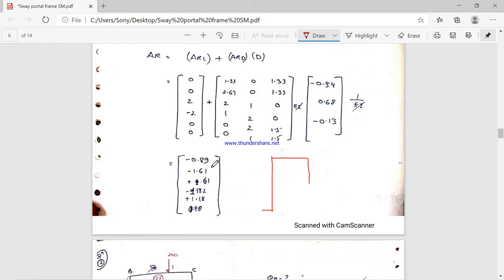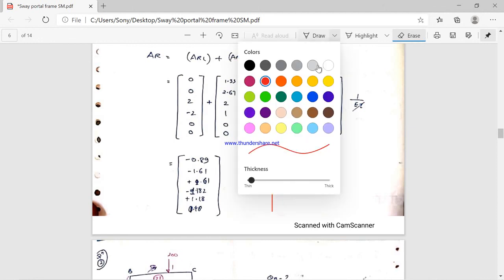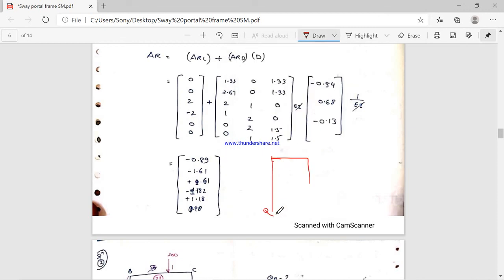Then this is also anti-clockwise, so it will also be like this. So the first diagram is going anti-clockwise, 0.89, and this is also going anti-clockwise. Then this is going clockwise.